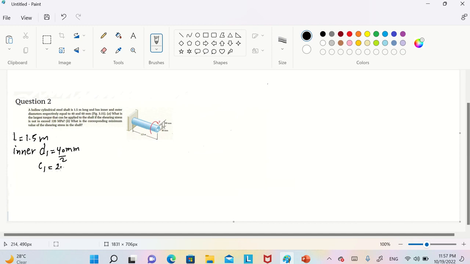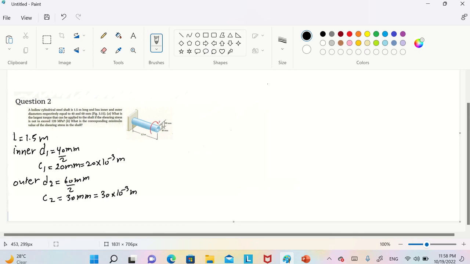It will be 20 millimeter, so it means 20 times 10 minus 3 meter. And the outer, the second diameter, is 60 millimeter. We divide by 2 to get the second radius. It will be 30 millimeter, so equal 30 times 10 minus 3 meter.